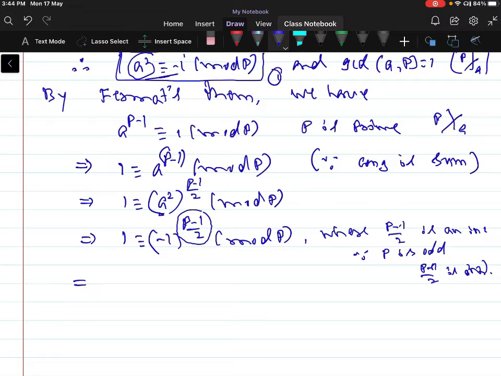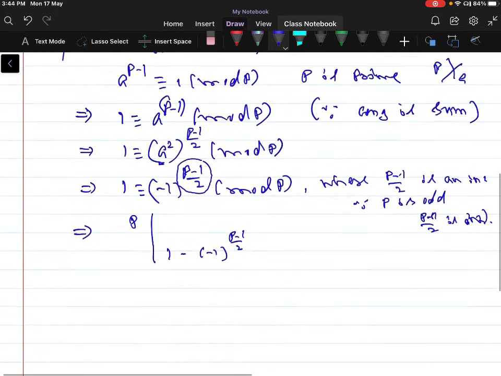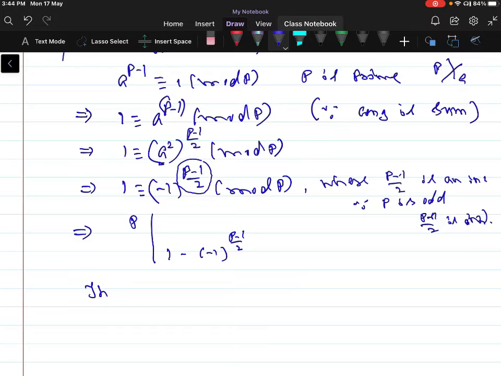So this implies p divides 1 minus minus 1 to the power of p minus 1 by 2. This is true when p minus 1 by 2 must be an even integer.